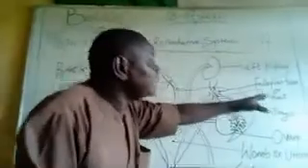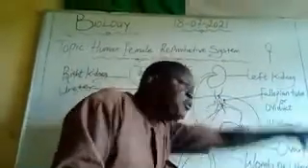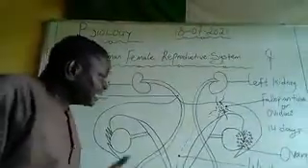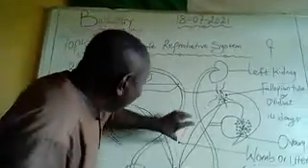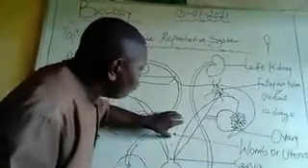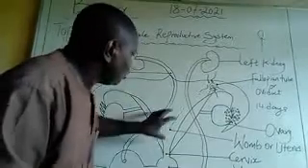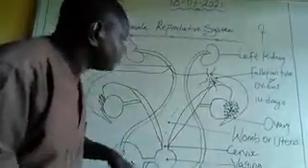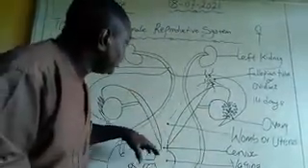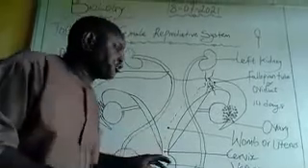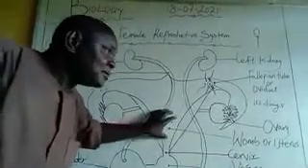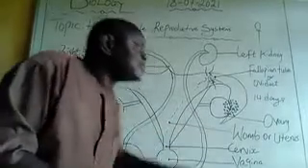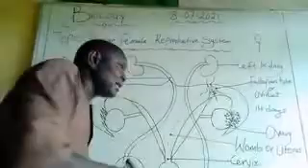You can either call it fallopian tube or oviduct. It has two names. Okay. We have the womb or uterus. Uterus has its own function. It accommodates the fertilized egg.